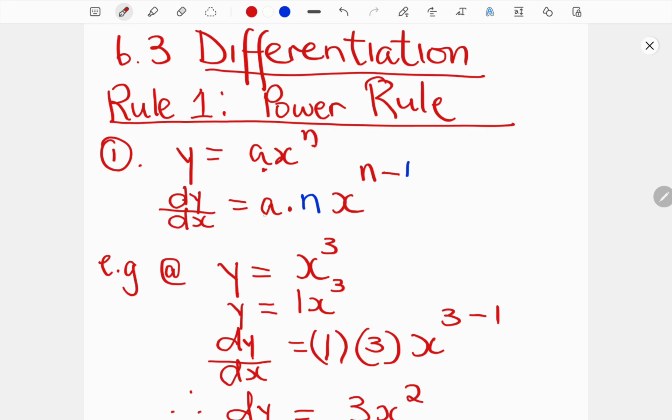So we're going to have a times n, then x to the power n minus 1. This is how you do this rule, and then you can simplify after that.